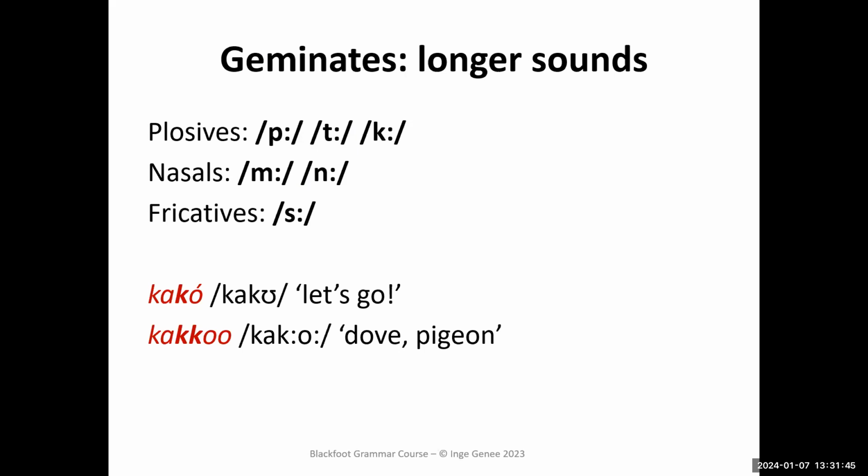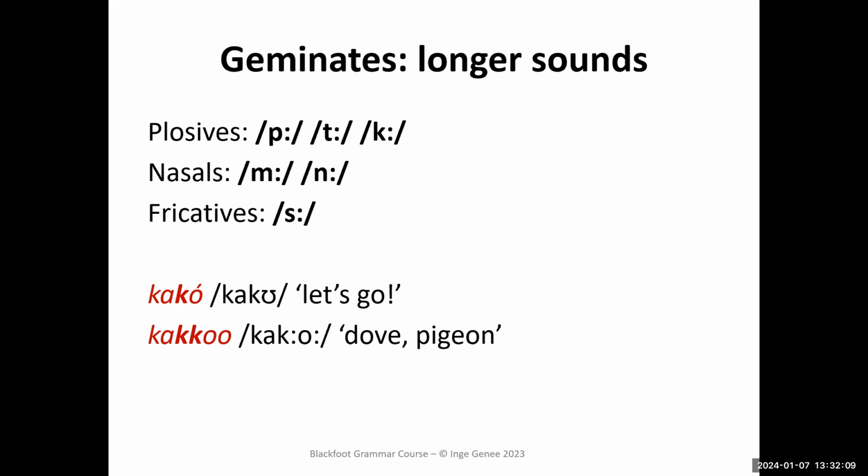The difference between a long and short sound can be very hard to hear if you're not a native speaker of Blackfoot. It doesn't exist in English, so there's nothing you can rely on from what you already know. An example that's often used is the difference between kako, meaning let's go, and kako, meaning dove or pigeon.